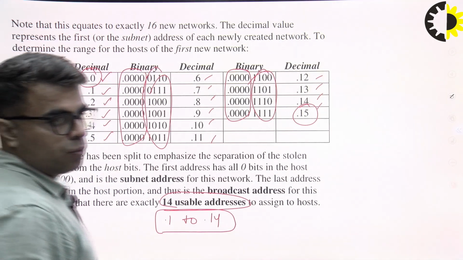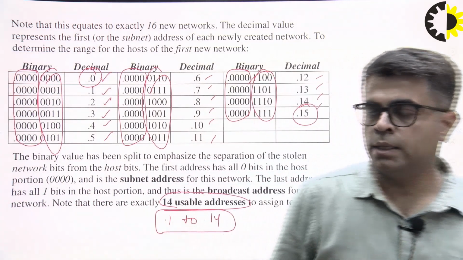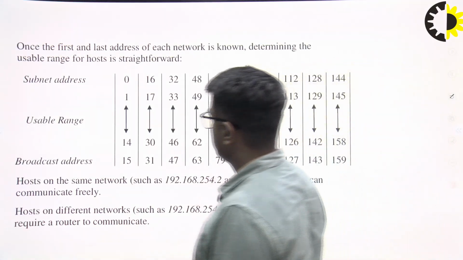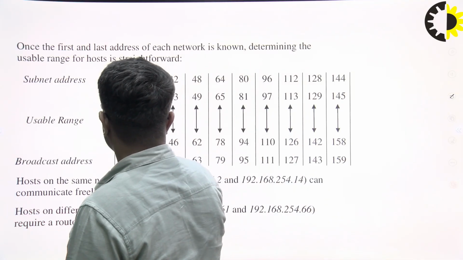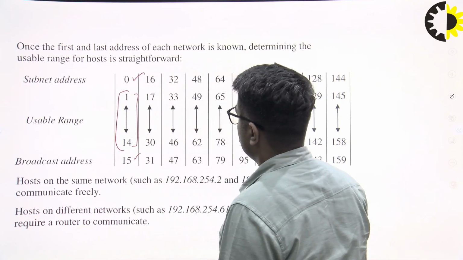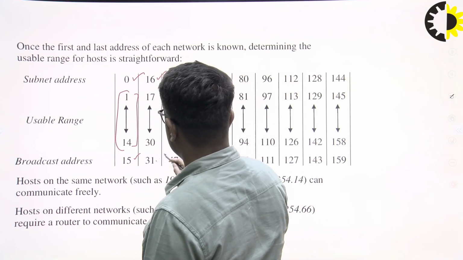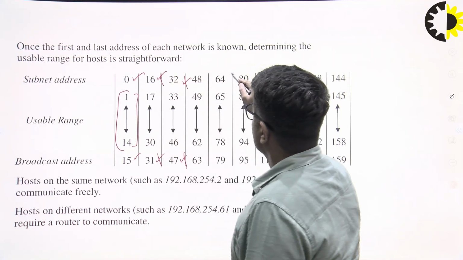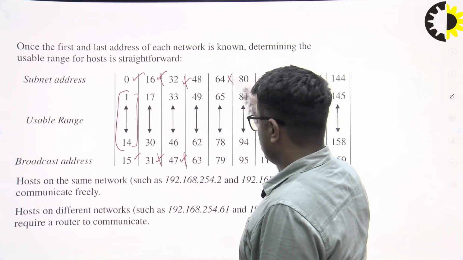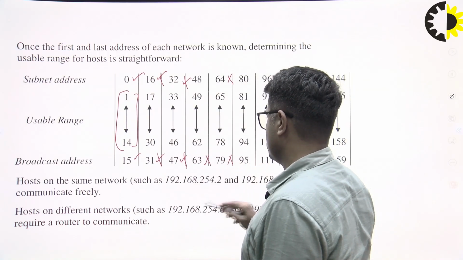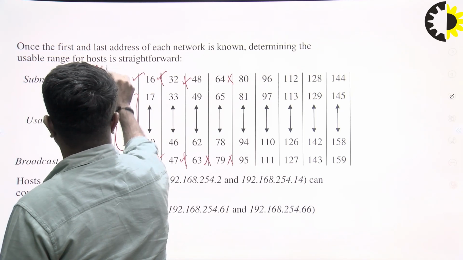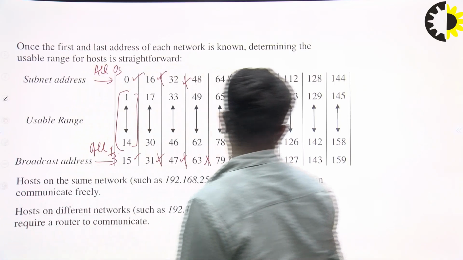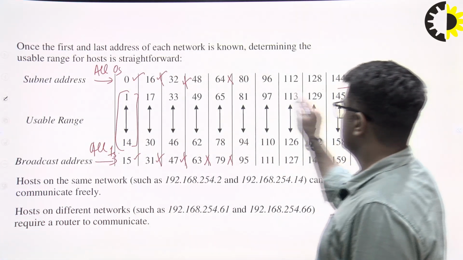So the range is 1 to 14, because 0 and 15 cannot be used, and similarly 16 and 31 cannot be used, 32 and 47 can't be used, 64 and 79 can't be used, because 64 is all zeros and 79 is all ones. These cannot be used. The remaining is the usable range.